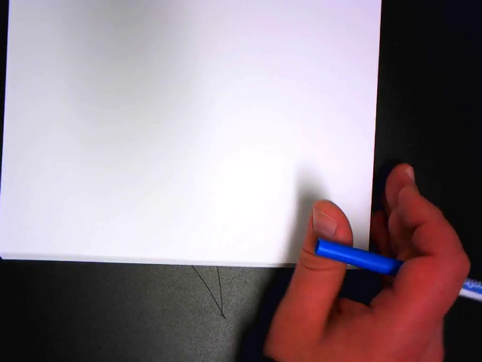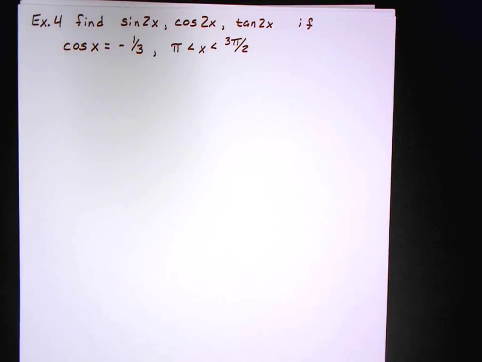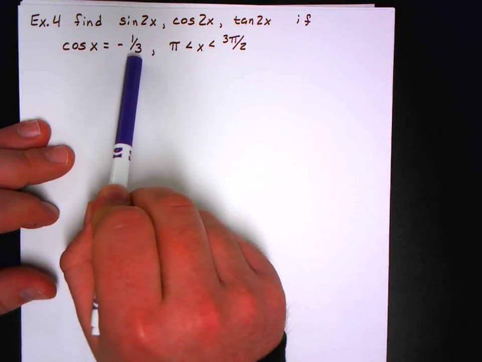Okay. One more. So this is what that is going to look like for your test. Instead of giving you the triangle, we want to do more than just a triangle. We want to use it anywhere in the unit circle. So here's cosine of x equals negative 1/3.